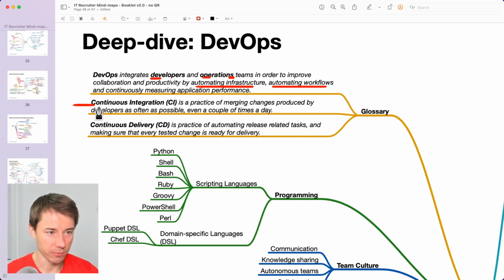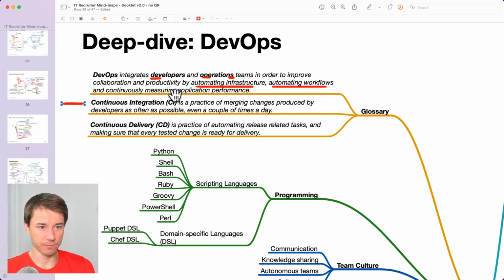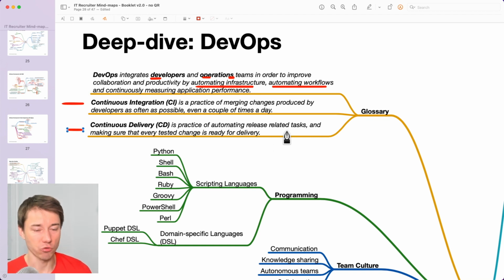Continuous integration, CI, is a practice of merging changes produced by developers as often as possible, even a couple of times a day. And continuous delivery is a practice of automating releases and release-related tasks and making sure that every tested change is ready for delivery.